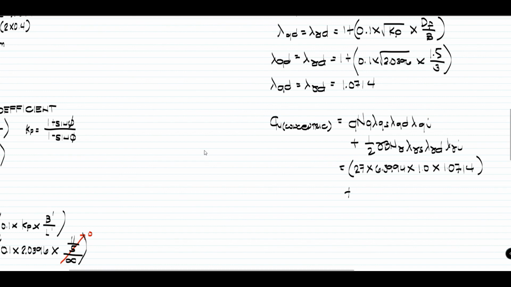Then add 1/2 times gamma, which is 18, times the base, which is 3, times 2.8709, times 1.0, times 1.0714.